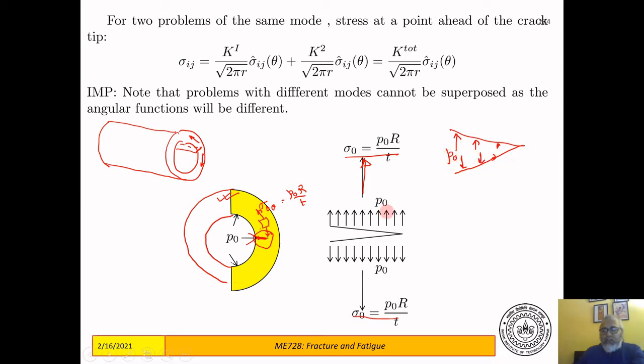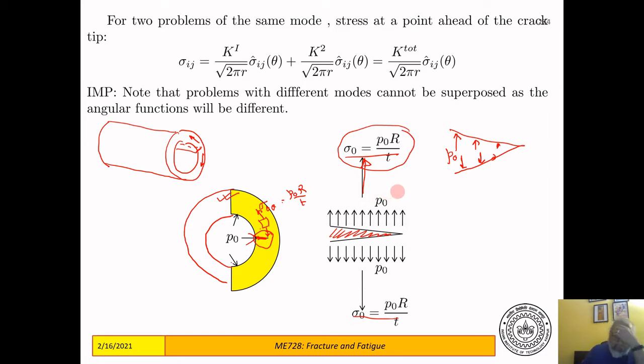So the crack here is opened by two contributions. One is due to fluid inside that has seeped into the crack and is applying a pressure P naught on the crack faces, and the other is due to the hoop stresses that act as remote stresses for this crack and are trying to open it.